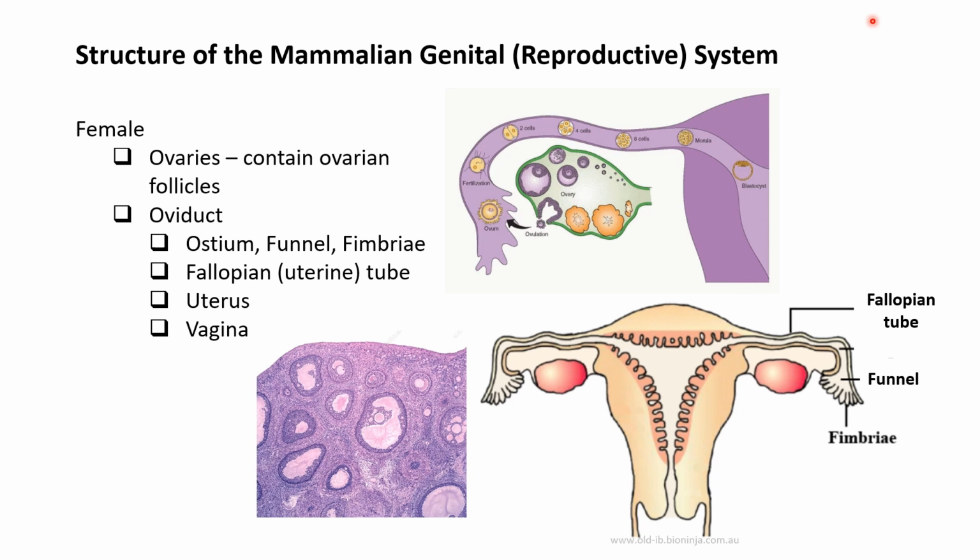And these fimbriae create a sort of current that moves the egg into the oviduct, and that portion of the oviduct closest to the ovary is called the fallopian tube, also called the uterine tube. This is where fertilization must occur before the embryo implants on the uterus, the terminal portion of the oviduct.